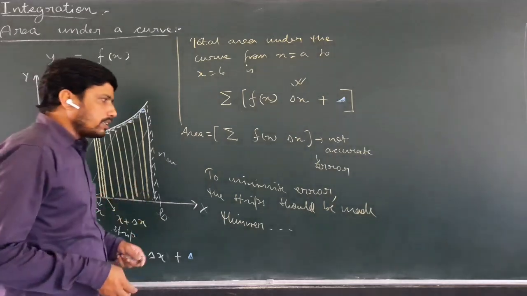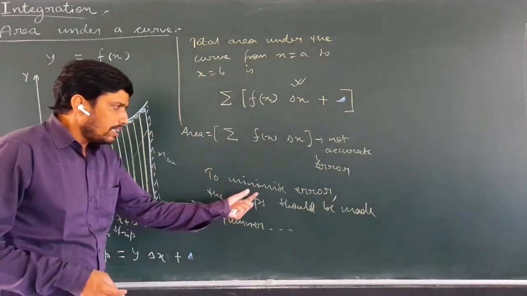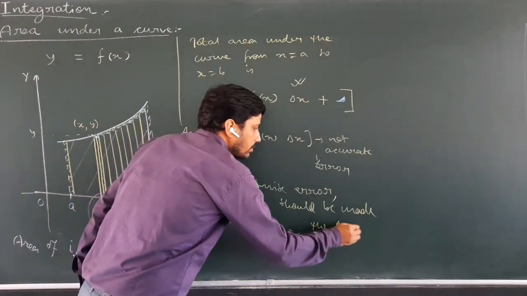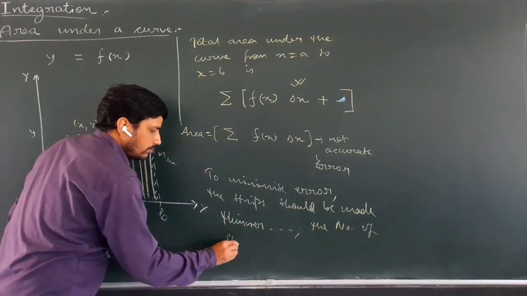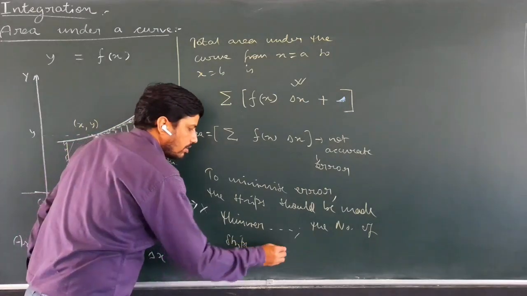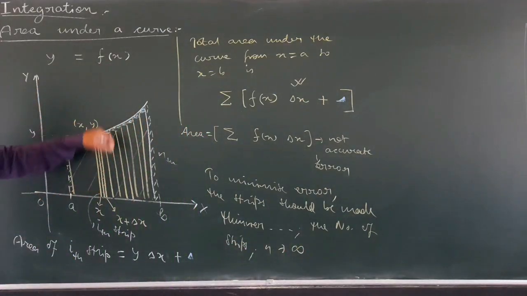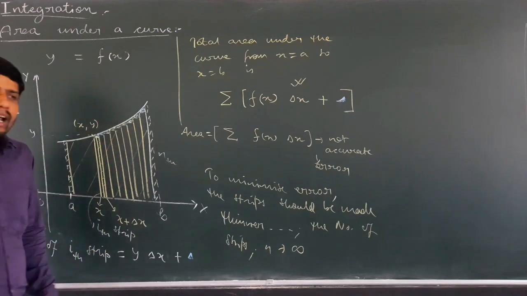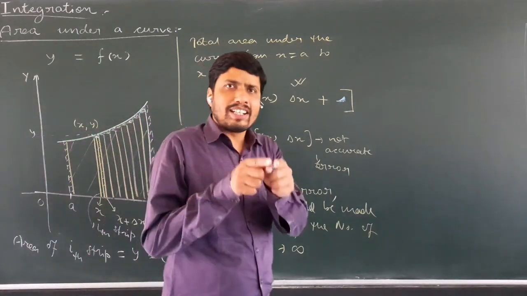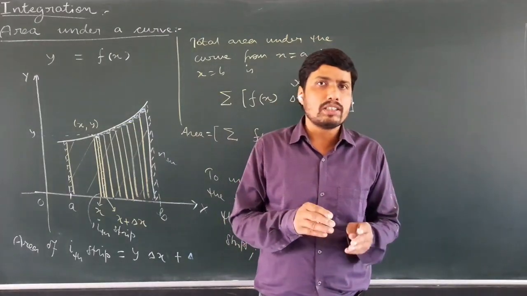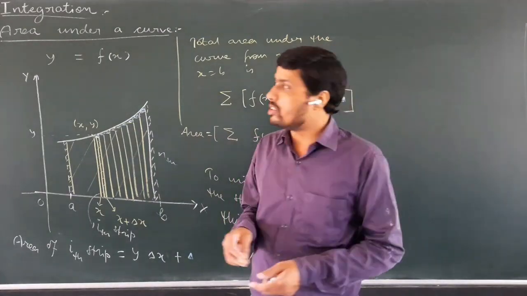If you go on doing this, when you make the strips thinner and thinner, the number of strips n we say tends to infinity. Infinite number of strips we have to draw, and the breadth or the thickness of each such strip will become very very less, almost approaching zero.